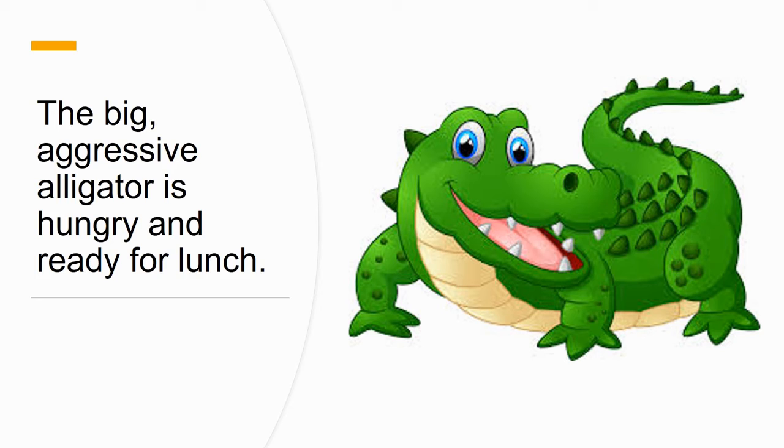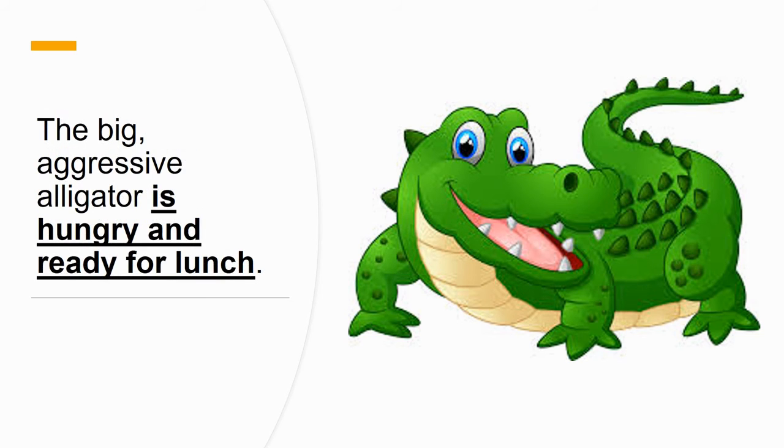The big aggressive alligator. You are correct. So that means the remaining words is the predicate part of the sentence. So the predicate part is hungry and ready for lunch.